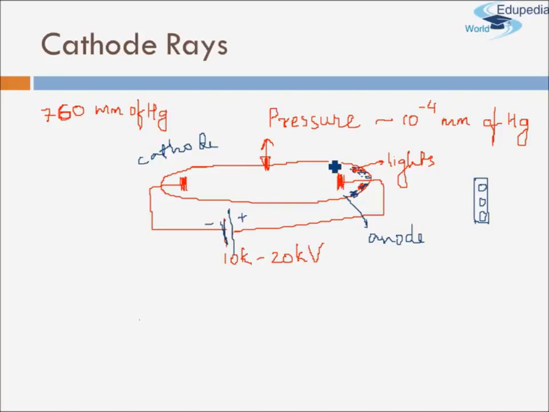Ultimately, after doing a series of other experiments, what they found was that there were some kind of rays traveling from the cathode end to the anode end, and when they struck this end of the tube, they gave light. Why did they give light?